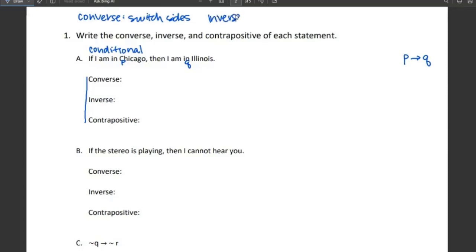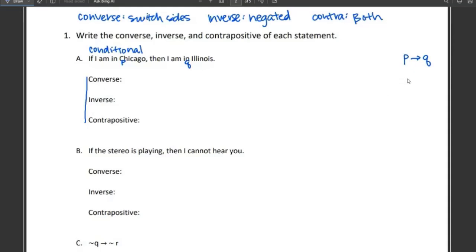The inverse, we are going to negate both sides. And then our contrapositive, we do both. So the converse, we are going to switch sides. So Q comes first, then P. If Q, then P.